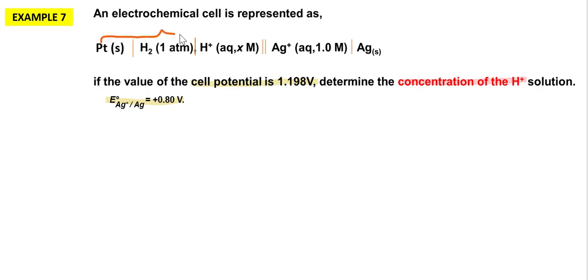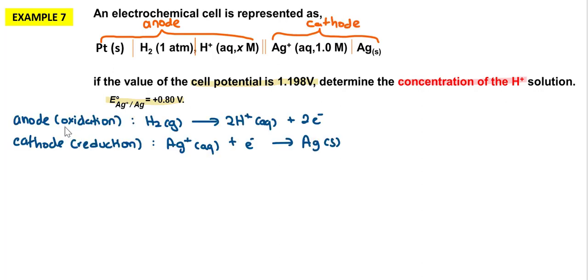From the cell notation, the left side is our anode and the right side is our cathode. Hydrogen undergoes oxidation by releasing 2 electrons to form hydrogen ion, and at the cathode, the silver ion gains 1 electron to produce silver atoms.